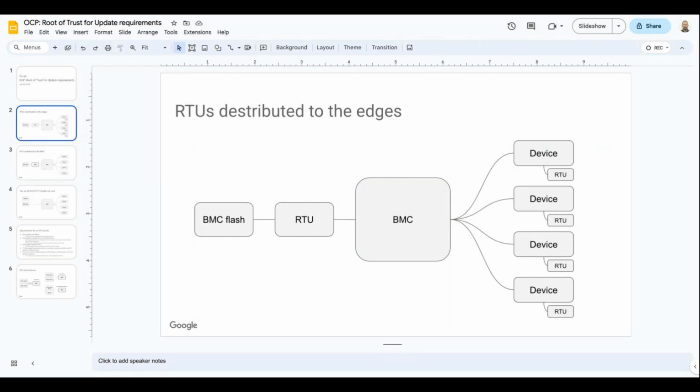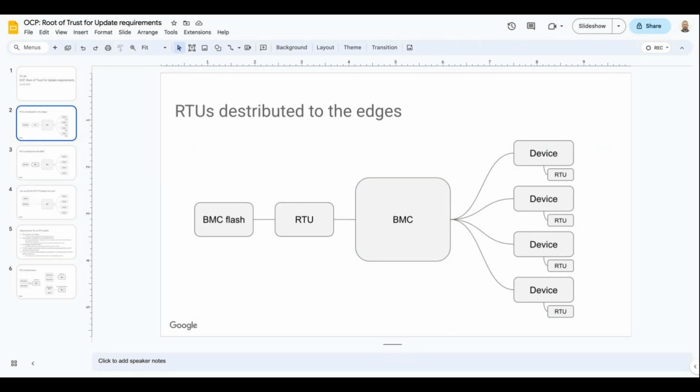For example, some of the requirements that you would have to have if you were to provide that functionality of keeping track of what has been happening in this platform, either in the BMC or in that RTU to the left, is that those devices have to agree that they do not accept updates that are not coming through the path of the BMC, right?